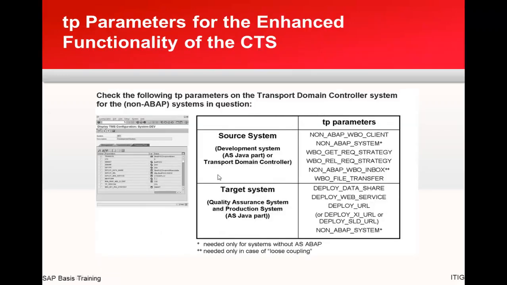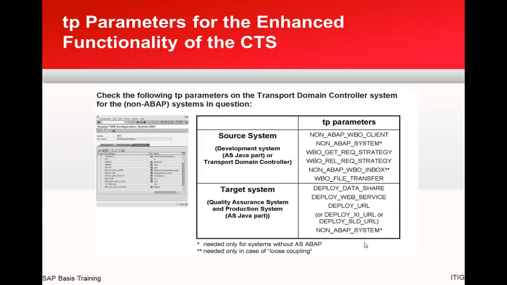These are basically the TP parameters that we need to put. We need to define these parameters: non-ABAP WBO client, non-ABAP system, WBO get request strategy, release strategy, WBO inbox, and file transfer. This needs to be defined on your JPD system.